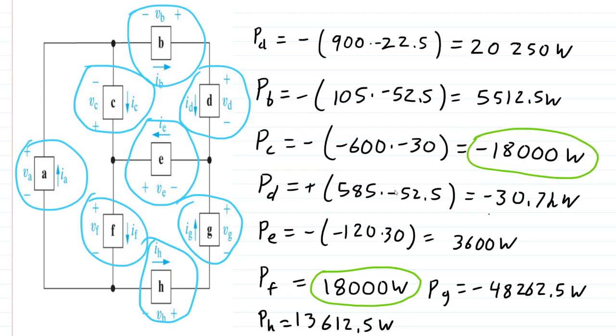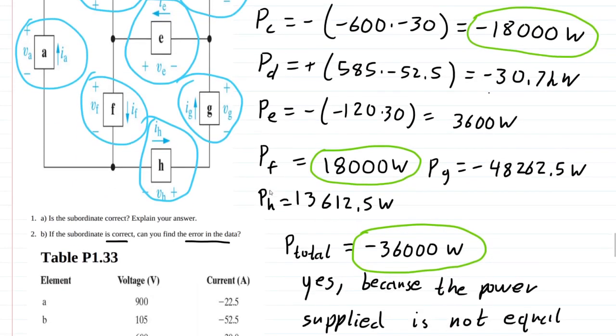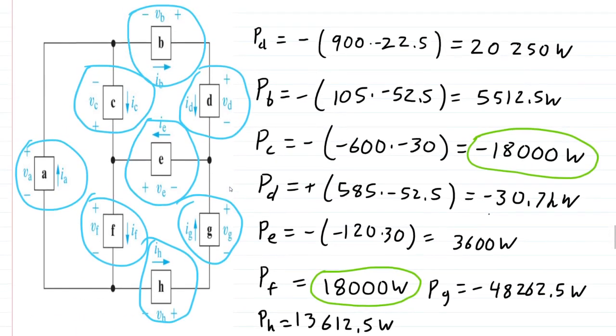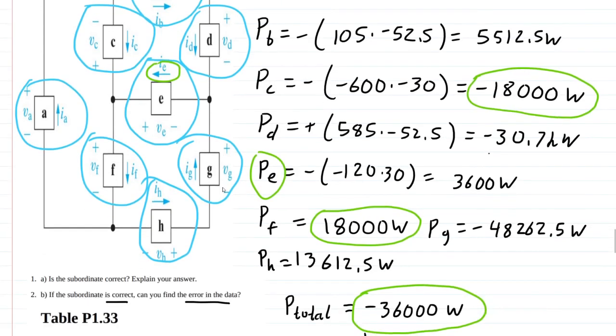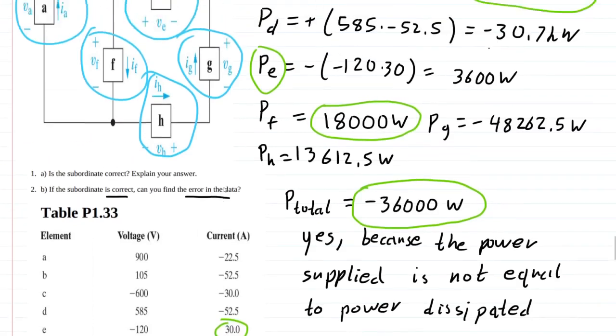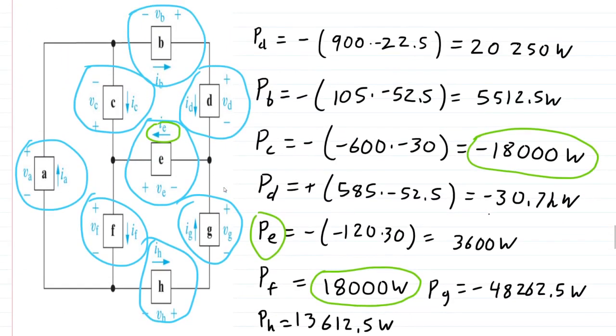Maybe one of these has been flipped. So if we look at our data again, you see that IE is in the reverse direction, right? So IE is reverse direction, that's why we get the minus in front, right here. If we look at the current through there, we get a positive current whenever we're flowing opposite of the convention. Does that make sense?